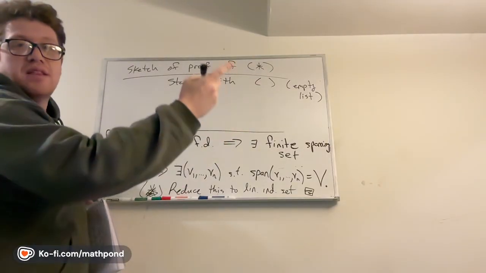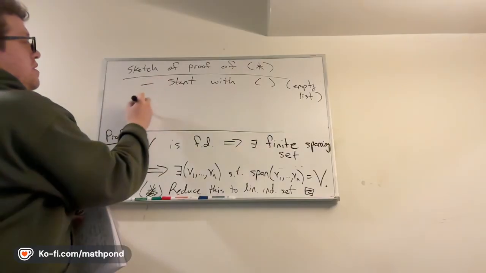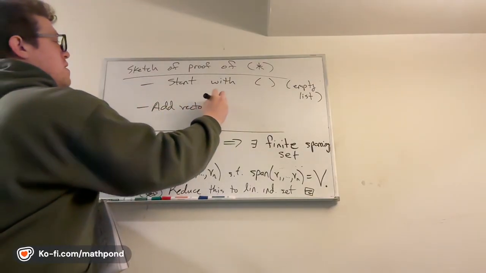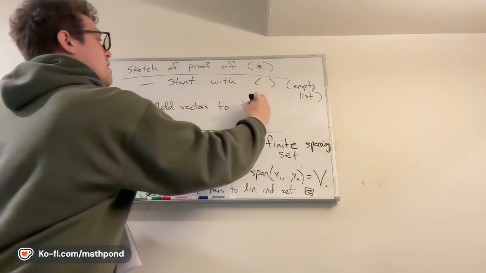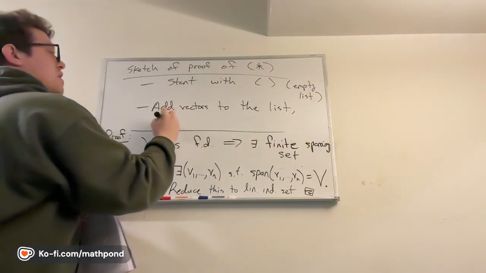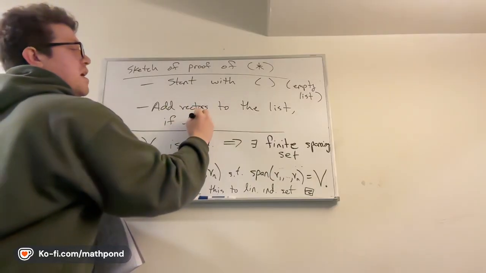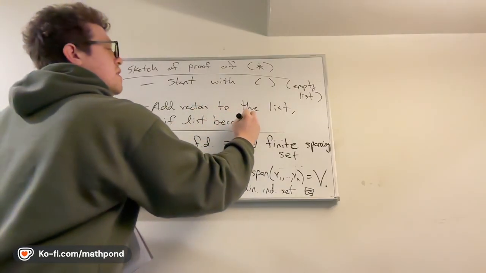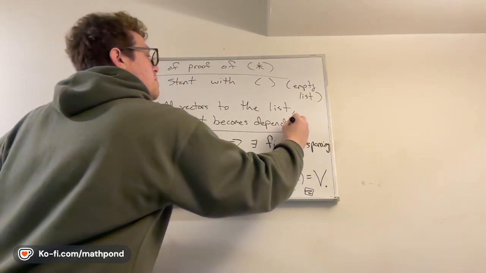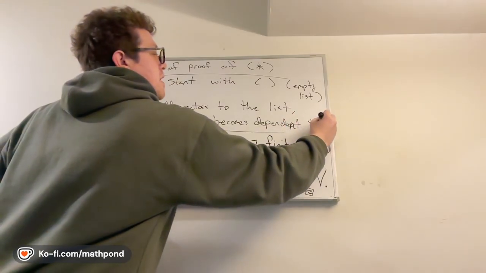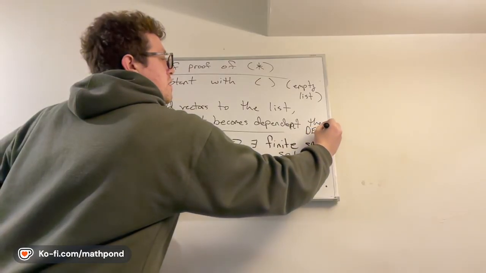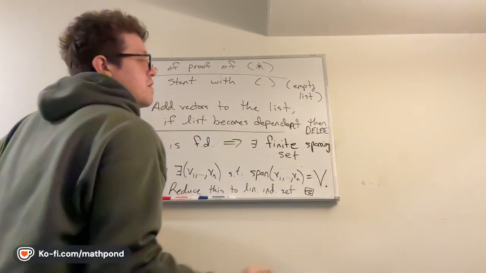If the list becomes dependent, then delete them. Hopefully you can read that.